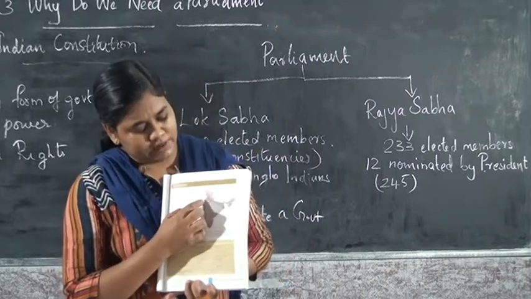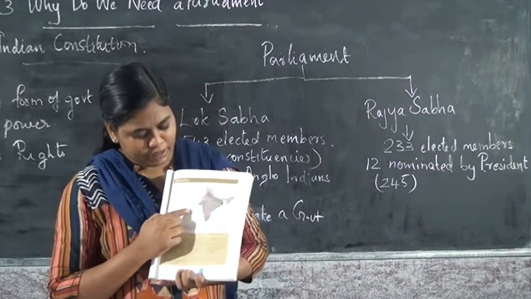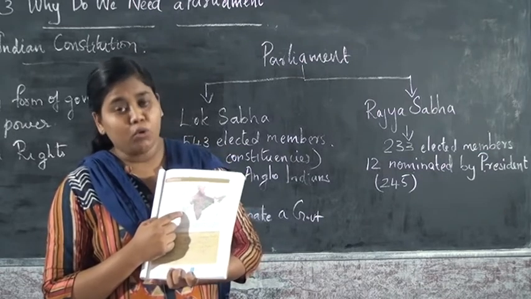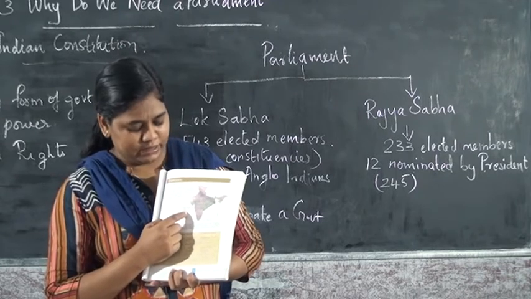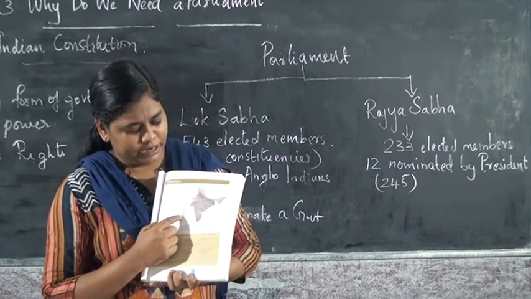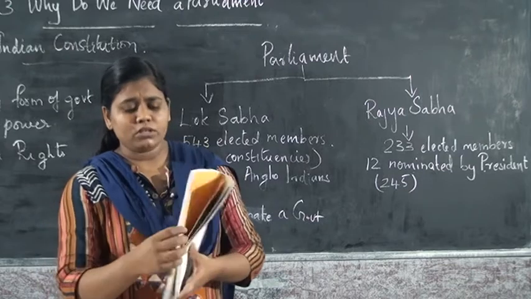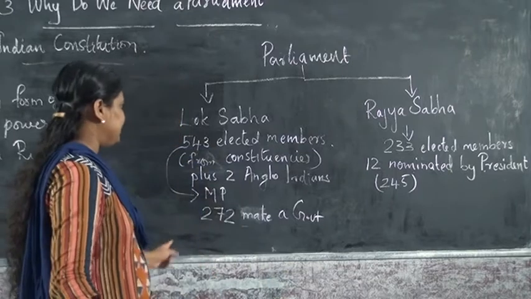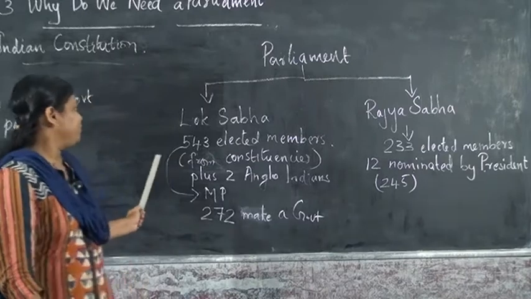The pink shade was general seats, and the blue shaded parts were reserved for the SC, scheduled castes, and green shaded were reserved for scheduled tribes. So there are 543 constituencies in India, and members are elected from these constituencies.